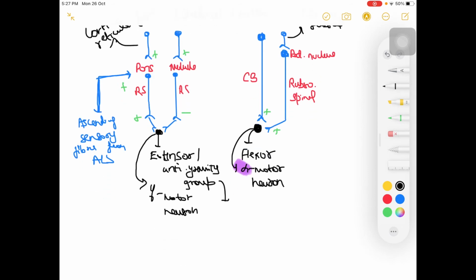Now extensor anti-gravity group is responsible for, you know what I told you is medial responsible for posture, so they are responsible for posture. Now gamma motor neuron is responsible for maintaining muscle tone. So two work of reticulospinal, posture and muscle tone. So I hope you would remember that.